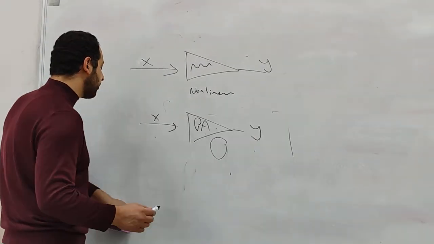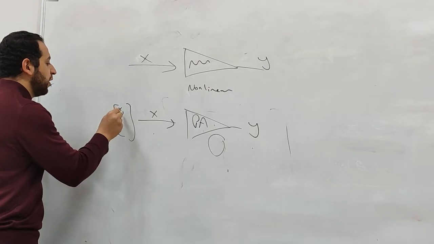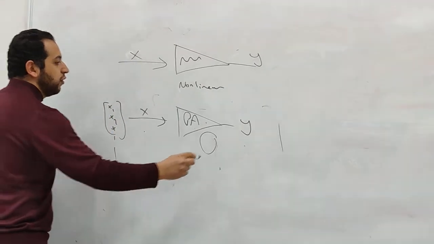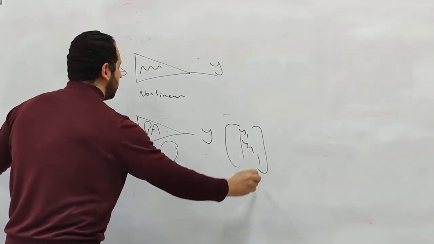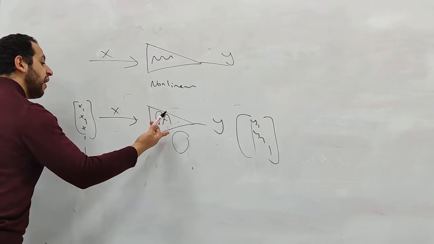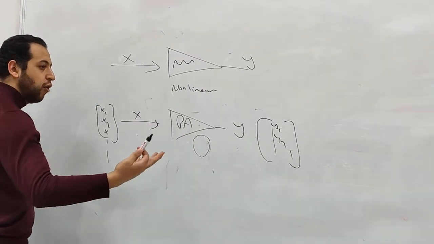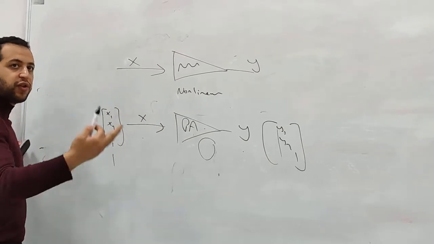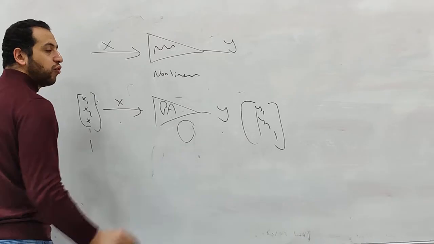Let's say the input data here is x1, x2, x3, and so on, and the output here is something like y1, y2, y3, y4. All you need to do is to find the weights of a matrix obtained from the neural network-based training process that can map the input to the output.